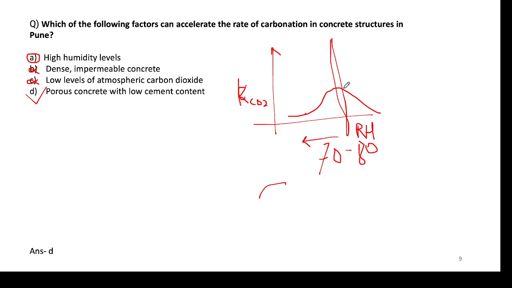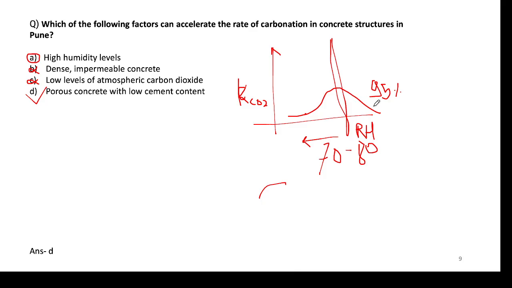What will happen at a very high RH level? For example, 95% RH, what will be the condition of the pore solution? The pore solution will be very high. Many pores may be blocked with water, and it will be difficult for CO2 to enter because of the high moisture in the pore structure.